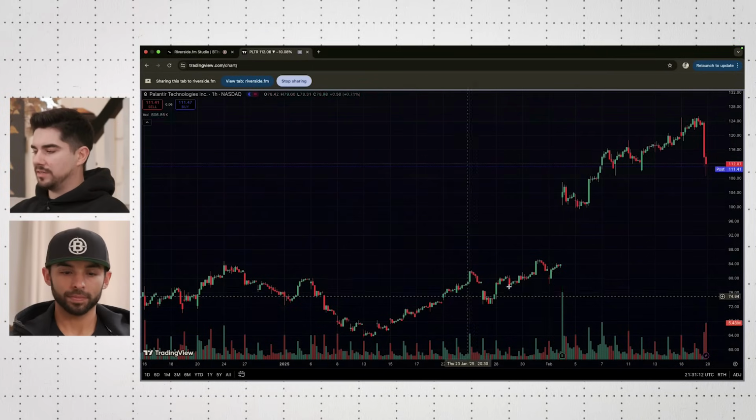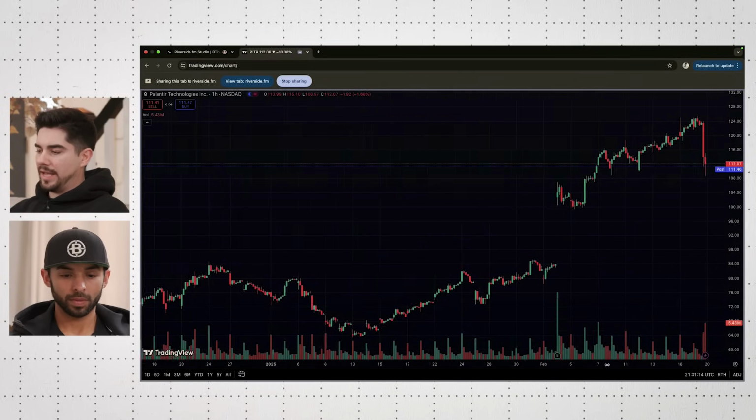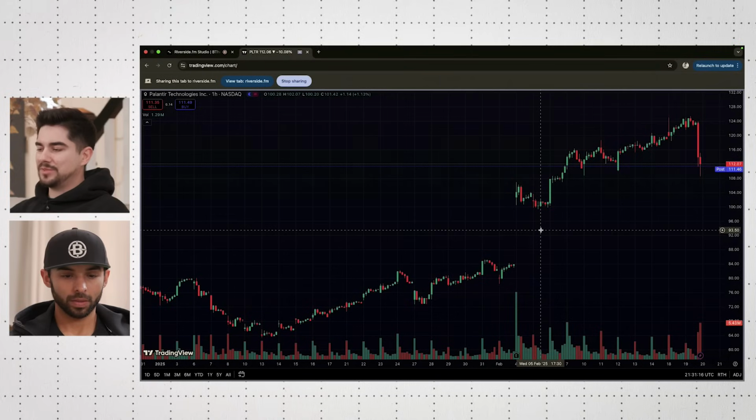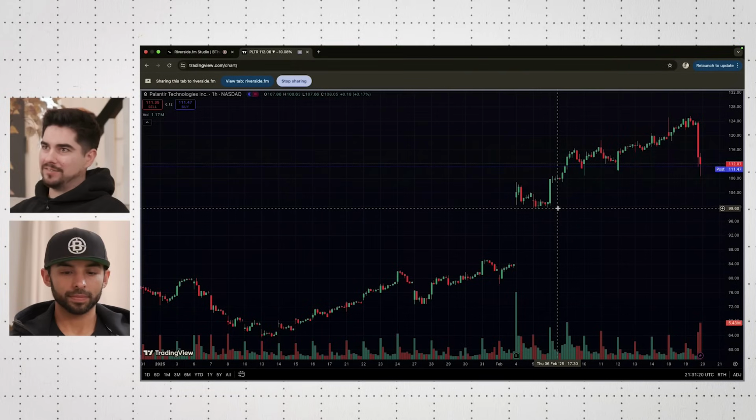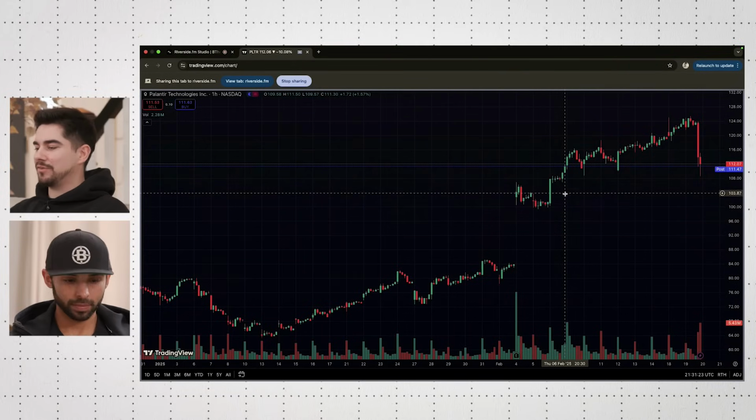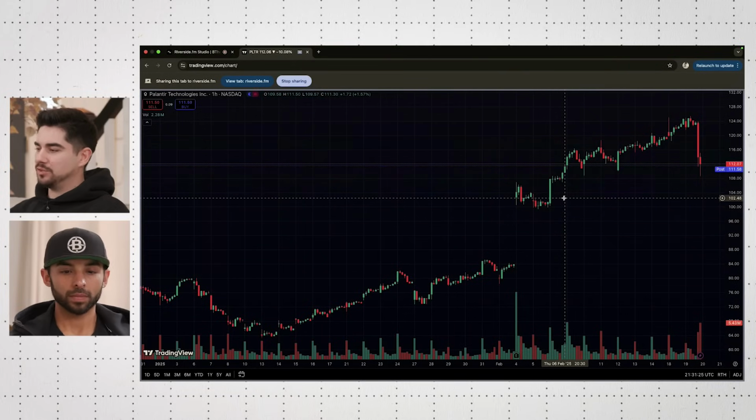You can see that Palantir has been in play for a while, and it finally started to speed up. And what that means is that while it used to go from 85 to 87 to 89, now it's going from 105 to 115 to 120. And so it was finally running up into that 125 area.